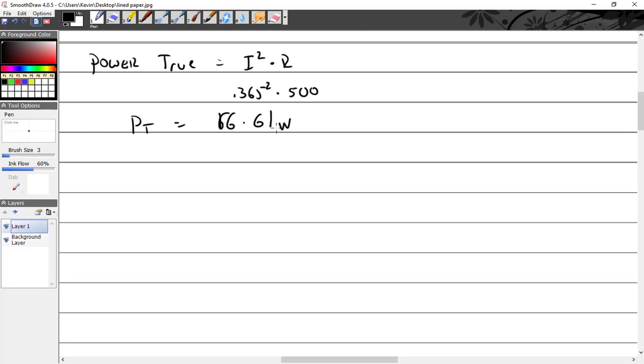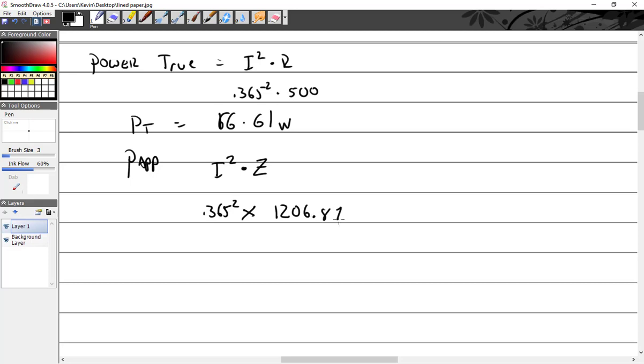Power true, power apparent. So I squared times Z. So 0.365 squared times Z, 1206.87.